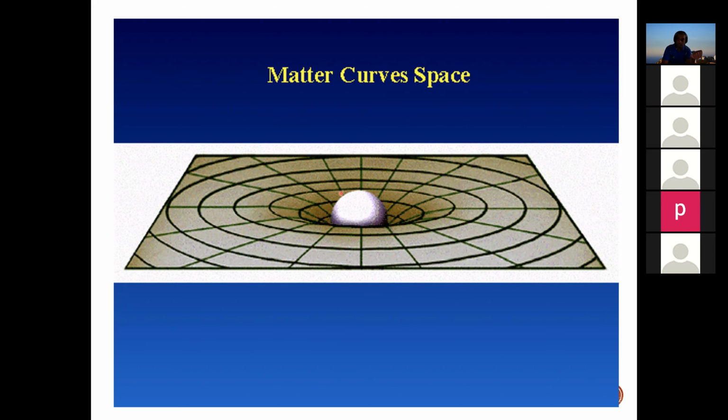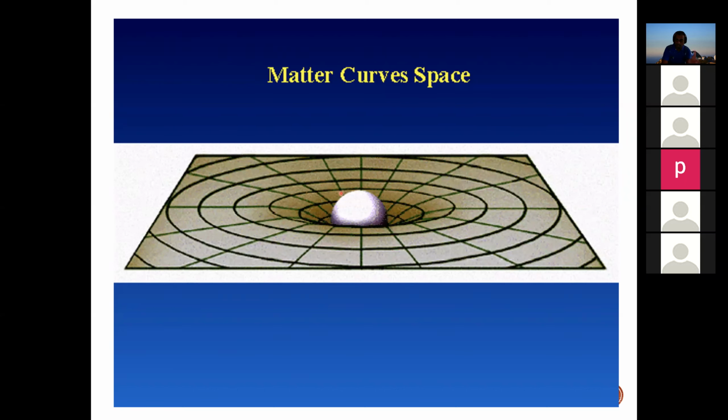Now, if you take an example of our solar system, from A-level physics we used to explain the motion of the planets around the solar system using Newton's gravitational laws, and all of you know how to explain it, right? But according to the general theory of relativity, you have a mass like this.